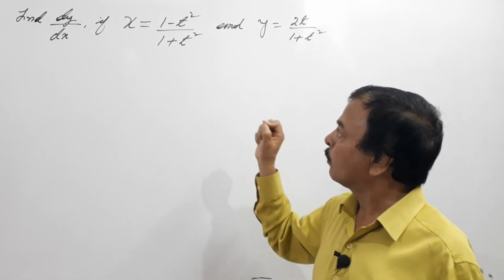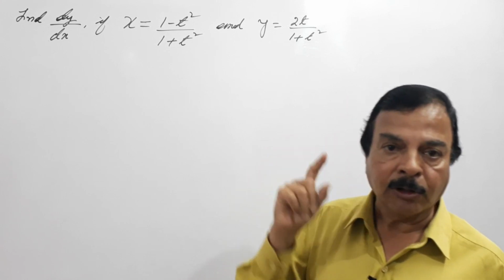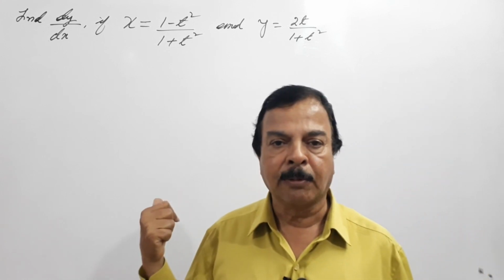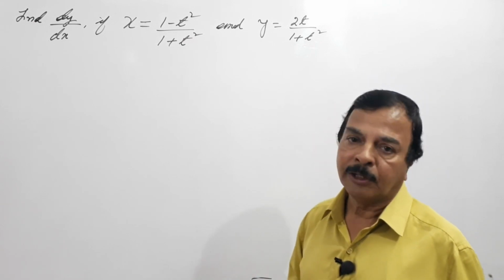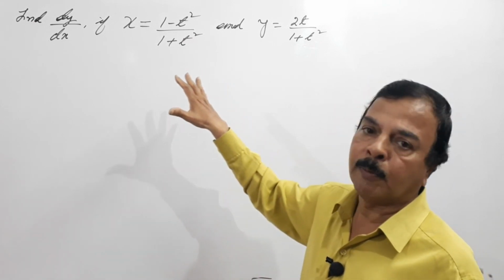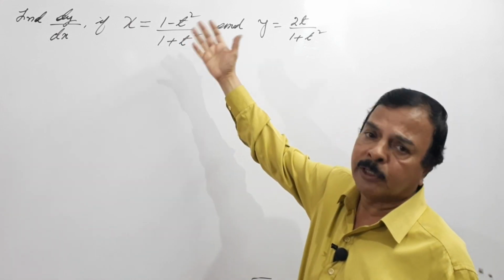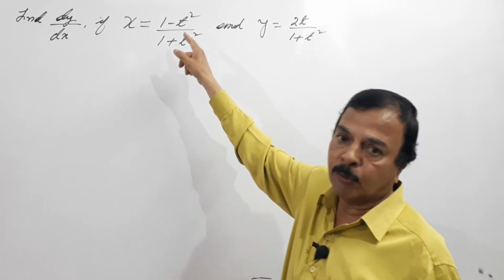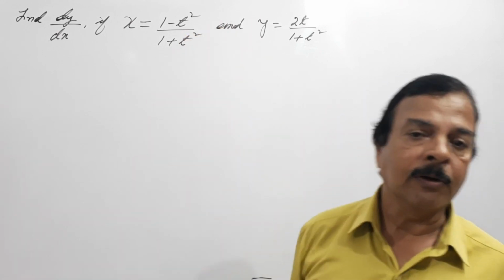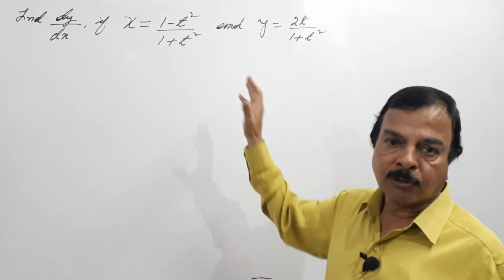I got the same problem and did it. It was very interesting and very easy. Here you have to use the quotient rule, because whenever you get y equals u by v or x equals a fraction with numerator and denominator, you definitely have to go for the quotient rule. If you use it, you can easily solve this problem.